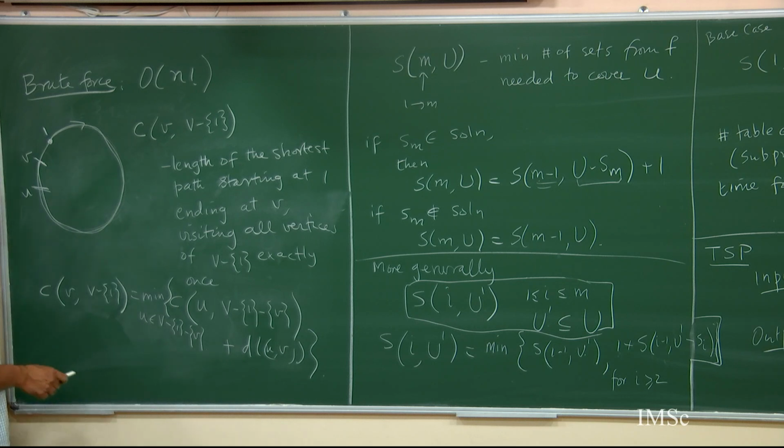So now it says start at 1, end at some vertex U, visit everything other than 1 and V exactly once, and among all such paths take the minimum one, because all permutations are somehow built in here, plus UV, because you want to end at V.